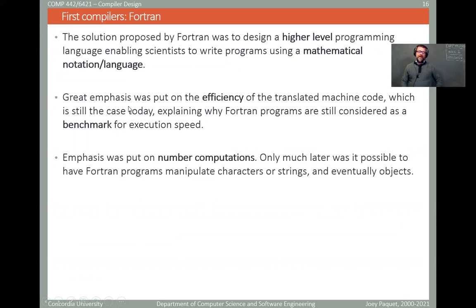Of course, here, what they wanted to do is to use the power of the computer to save time. So, of course, a lot of emphasis was put on the efficiency of the code that was being generated so that the computer can be used as efficiently as possible. Yes, computers were running thousands of times faster than a human can ever do the computations, but there was an enormous amount of computations to be done.